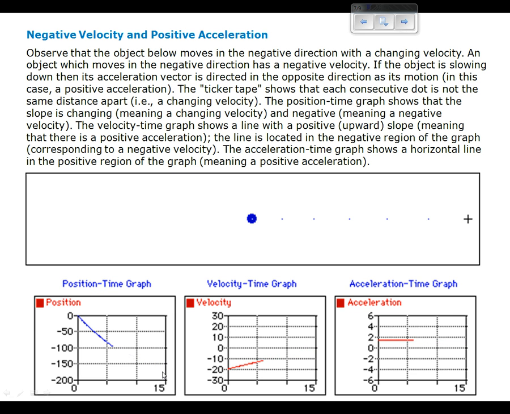The velocity time graph is in the negative region because it's moving to the left, and it approaches zero. Why does it approach zero? Because it's slowing down. The slope of the velocity time graph is positive, as you can see here, and so the acceleration time graph is still flat because the slope is constant. It's flat and it's positive.